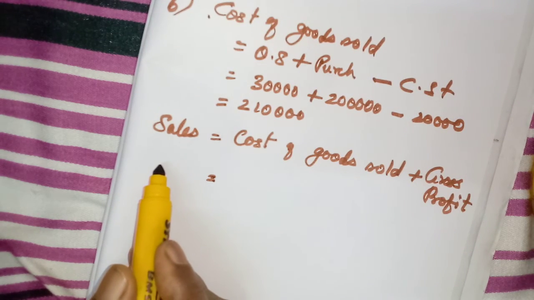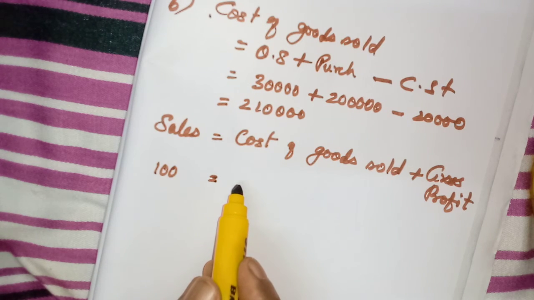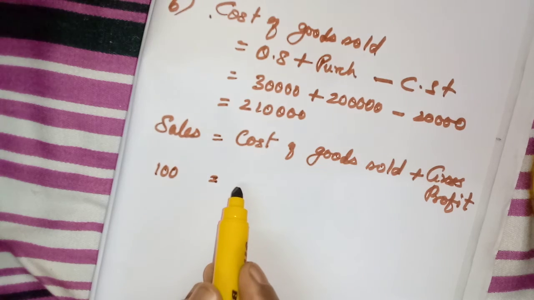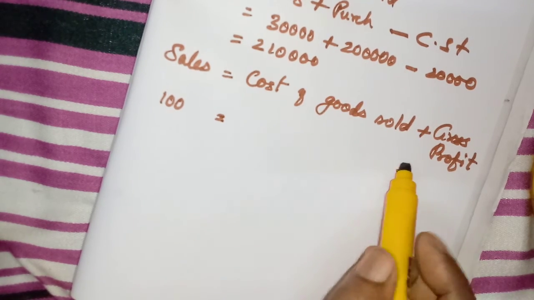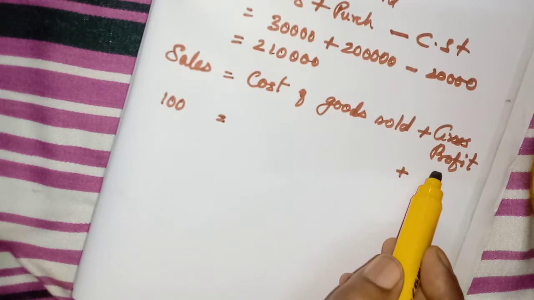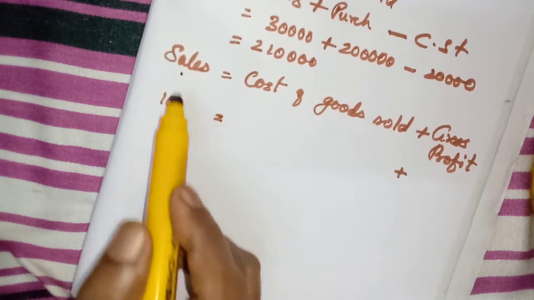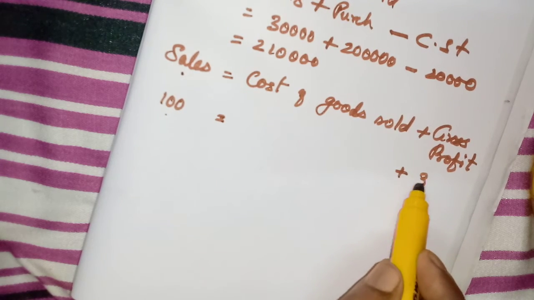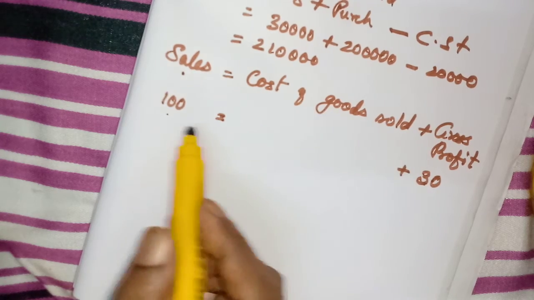Here if sales is 100, okay, gross profit margin on sales 30%. So here gross profit is given 30% on sale. 30% on 100 means how much? 30, isn't it? 30% on 100, 30.